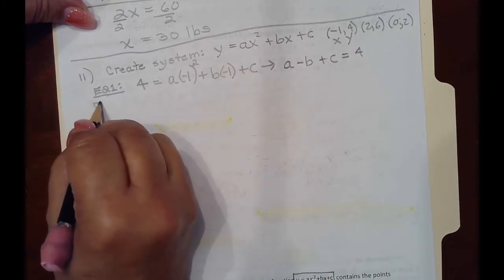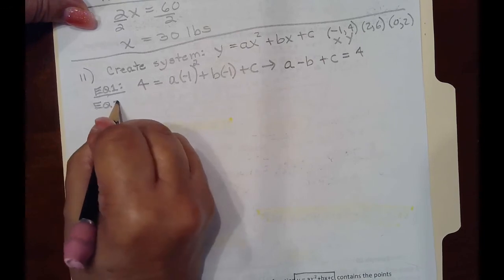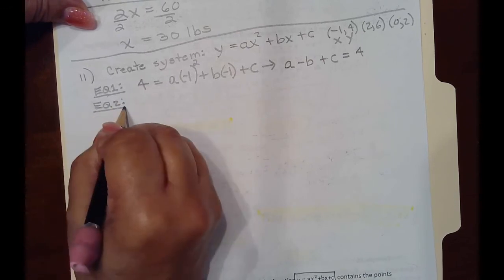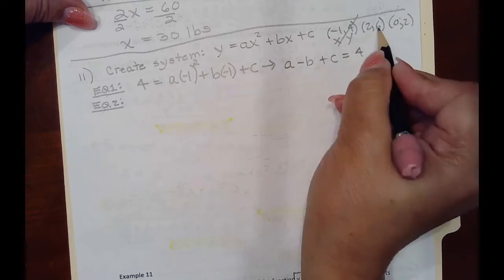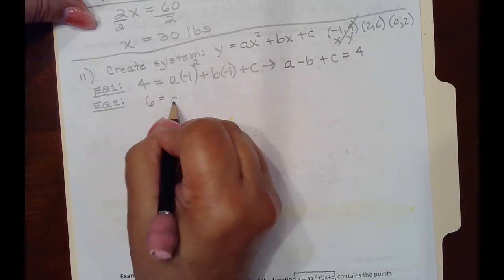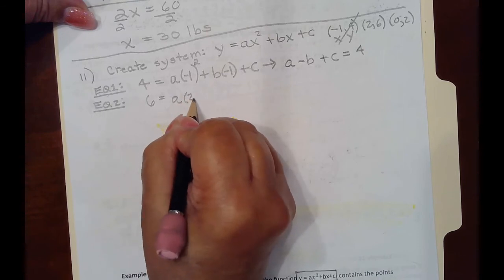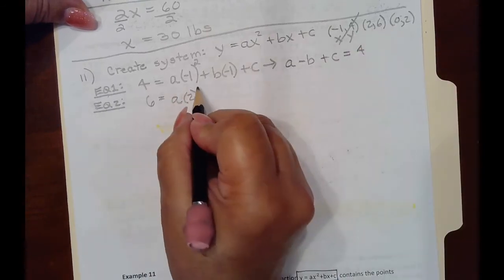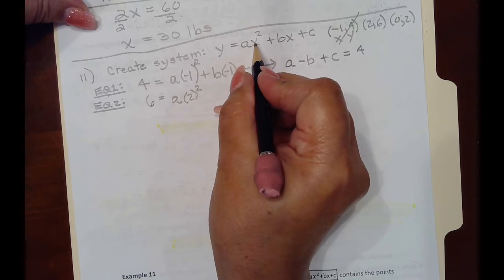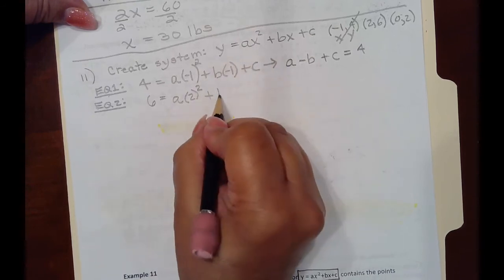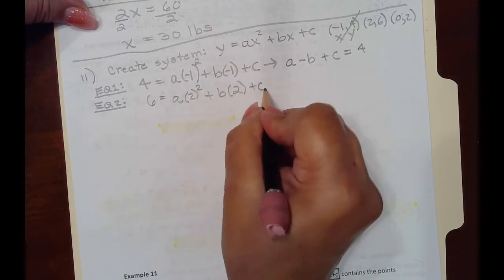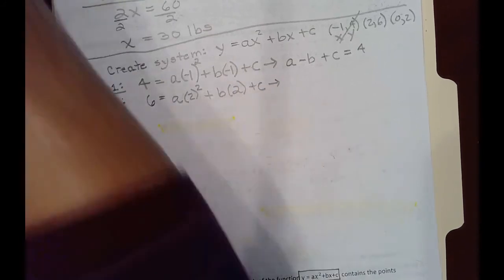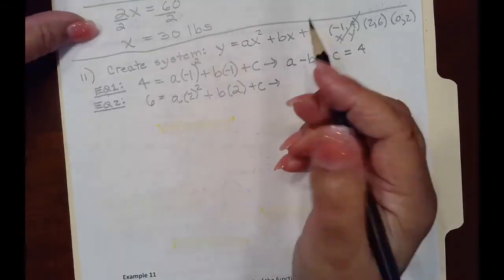Now going for equation 2. So equation 2, we have the y value. I already used that one. The y value is equal to a times the x value, which is 2 in this case, squared, says the equation. And then b times x, again the x is 2, plus c, and then I'm just going to clean it up a little bit and flip-flop the sides.